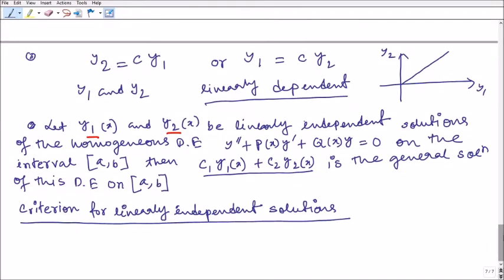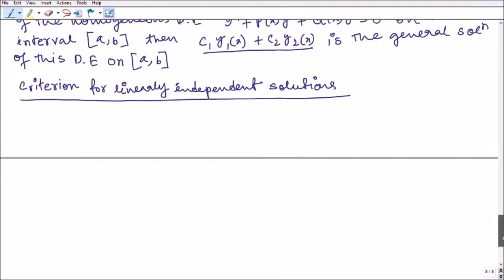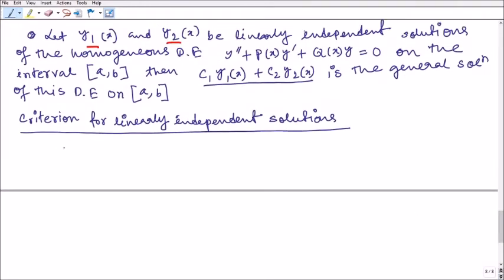Suppose y of x be any solution of the homogeneous differential equation y double dash plus p of x into y dash plus q of x into y equal to 0 on a closed interval a comma b.